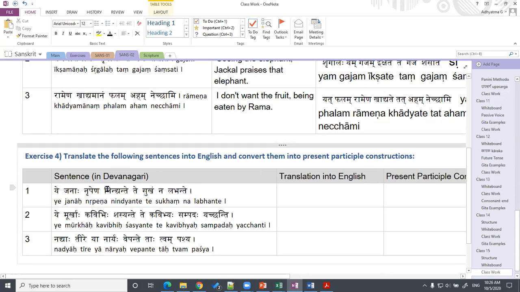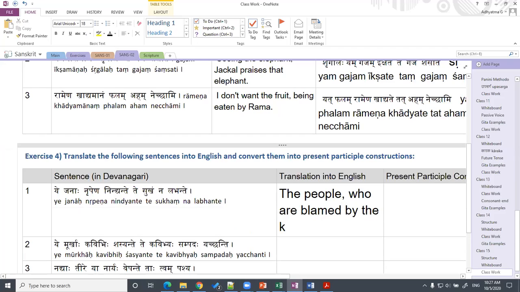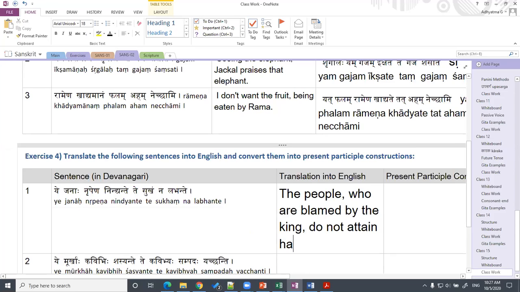So the people who are blamed or criticized by the king, te sukham na labante, they do not get happiness. So the people who are blamed by the king do not attain happiness.